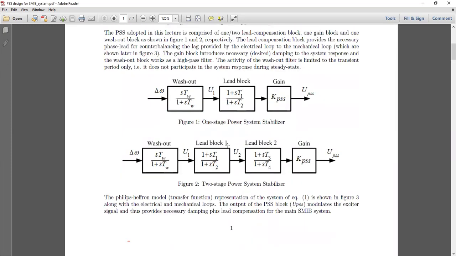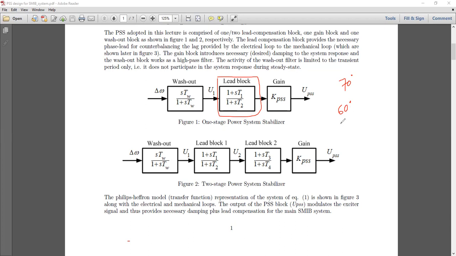So if it is a two-stage block, simply you have to use two lead blocks. Accordingly the time constants have to be updated. For the second lead block here, you may use T3 and T4. And of course, you can design for half of the lag. You can go for probably a single block design. Let's say the lag is 70 degree, for example, but you may choose a certain limit, let's say 60 degree, or 50 degree.